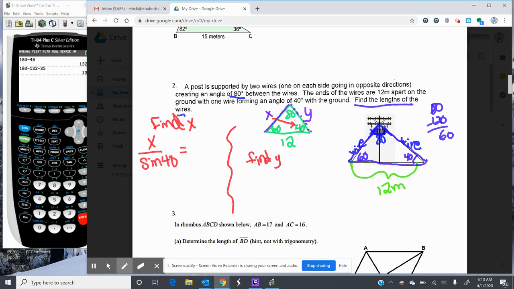Now some of you would go back and say, oh, and Y is across from 60, but then we'll have two variables in the same setup. We don't want that. Here we're going to use 12 over sine of 80. Okay, so that's one setup to find X. You're going to do a similar setup with Y and the 60-degree angle, and then again that 12 over sine of 80 as well. So that's for number 2. It's not all that bad.